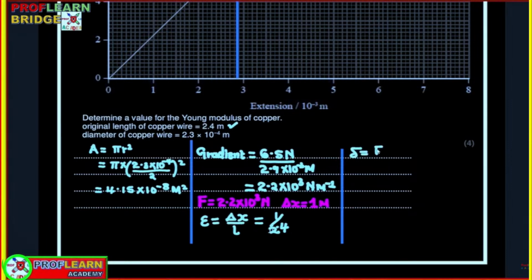Then stress is going to be given as force over area, and we know the force we shall use is 2.2 times 10 raised to the power 3 divided by the area, and the area we have 4.1515.